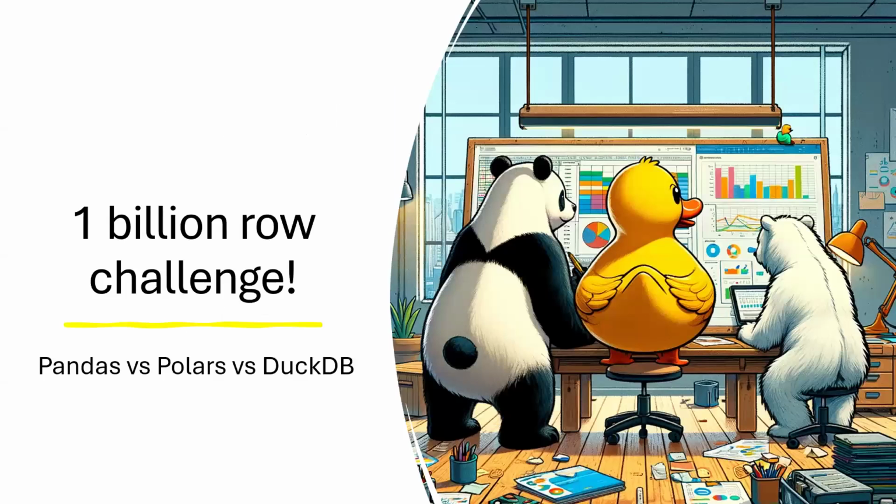Moving on to something a bit bigger. We'll show off why DuckDB is useful here with something called the 1 billion row challenge. I'll get into exactly what it is in a second, but in this, we'll be comparing the performance of 3 different Python libraries, Pandas, Polars, and DuckDB. And again, I chose Pandas because it's essentially synonymous with Python data analysis. So if you're doing any sort of Python data work, either in a class setting or in a workplace, often you'll encounter Pandas.